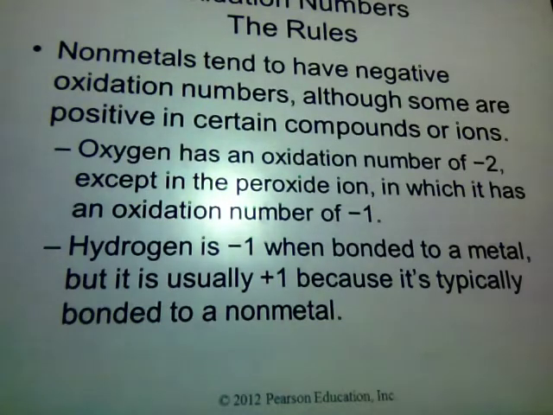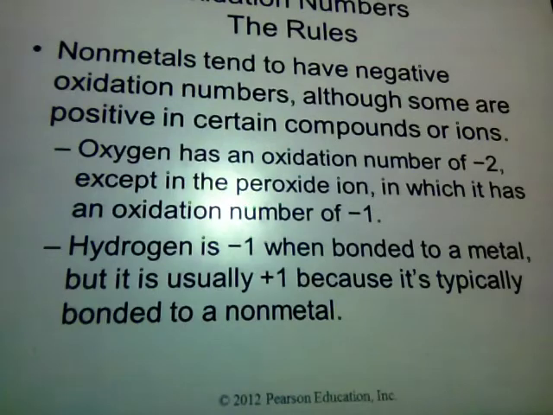Nonmetals tend to have negative oxidation numbers, although we can sometimes see that in some compounds they will be positive. So if you see that a nonmetal has a positive oxidation number, don't freak out. Most nonmetals do have negative oxidation numbers, but if it's positive, that's totally okay. It happens. Oxygen is usually a -2.